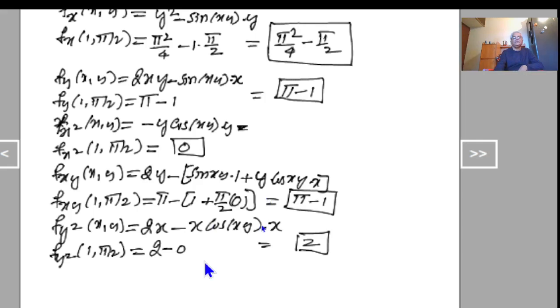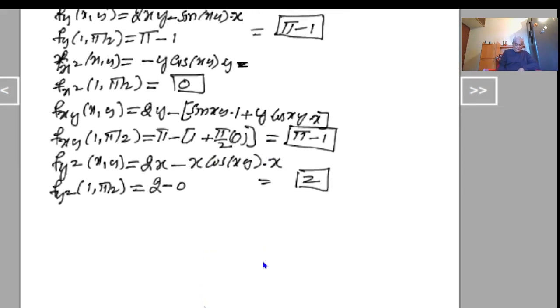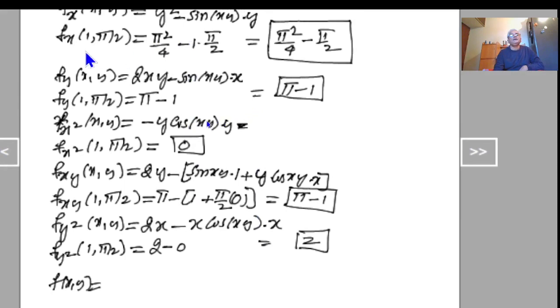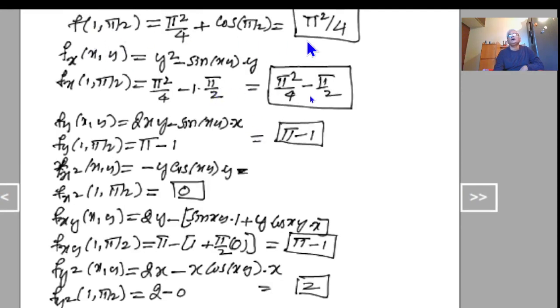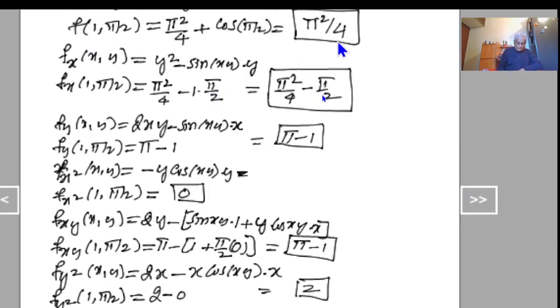Now we write the function f of x comma y is equal to f of a comma b. What is f of a comma b? This is pi square by 4. So this is pi square by 4 plus 1 by 1 factorial into x minus a, x minus 1 into fx.